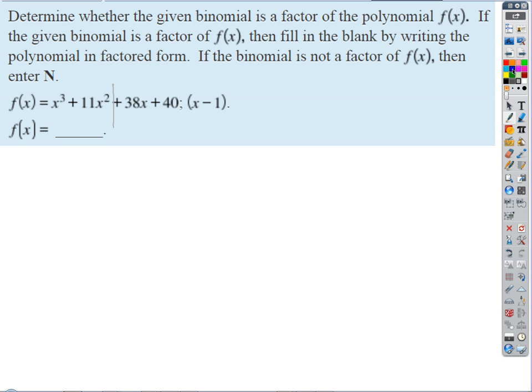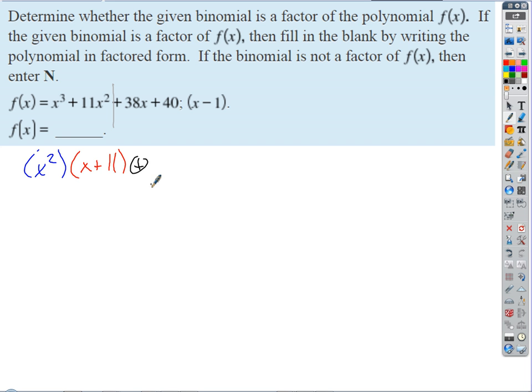If I factor out a greatest common factor of the left group, what is it? X squared. And then that leaves me behind with what? If I divide x cubed by x squared, I get x. 11x squared divided by x squared is 11. Okay, good. So that's what I get from the first group. Now, what about the second group? Well, I can't get an x plus 11, can I?